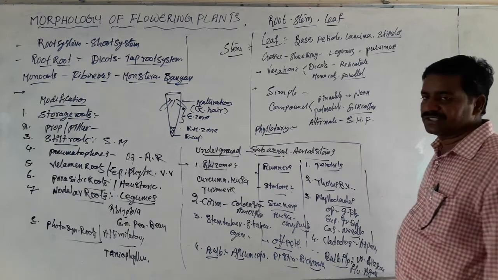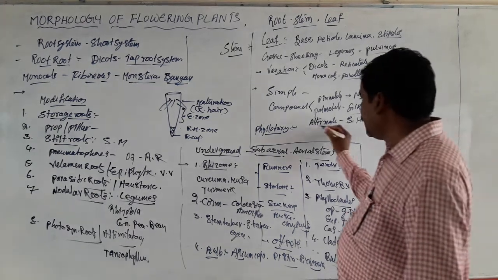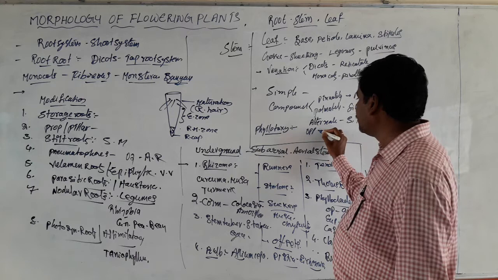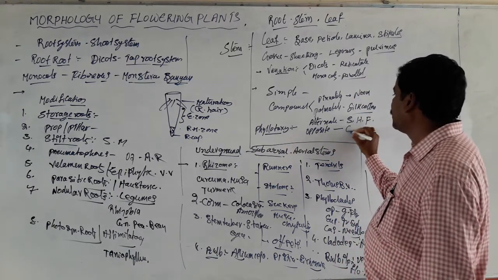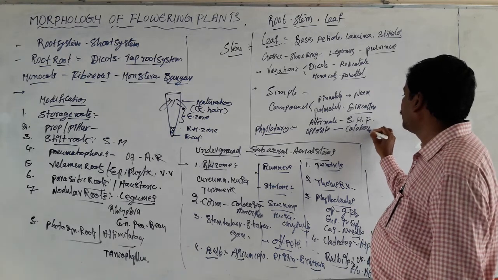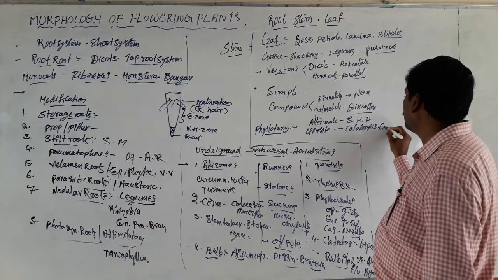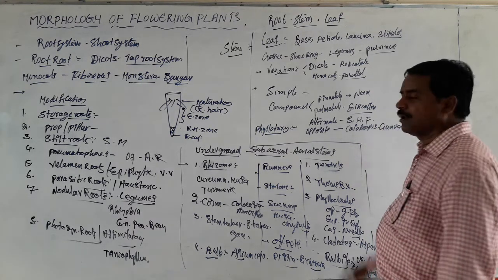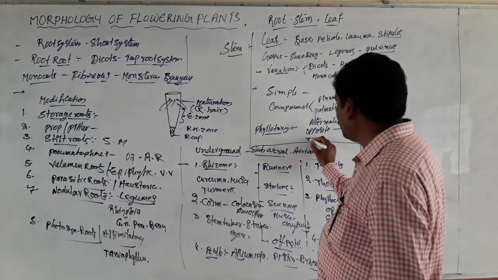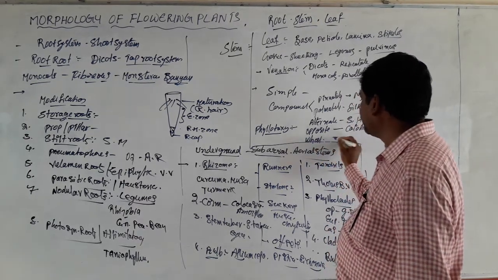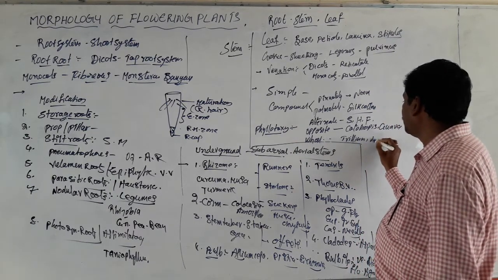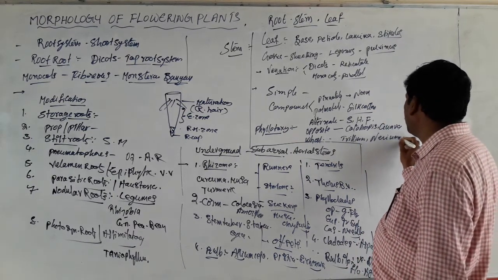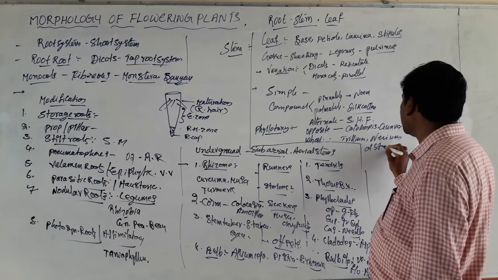Opposite phyllotaxy: Calotropis and guava. And whorled phyllotaxy, examples Trillium, Nerium and Alstonia.